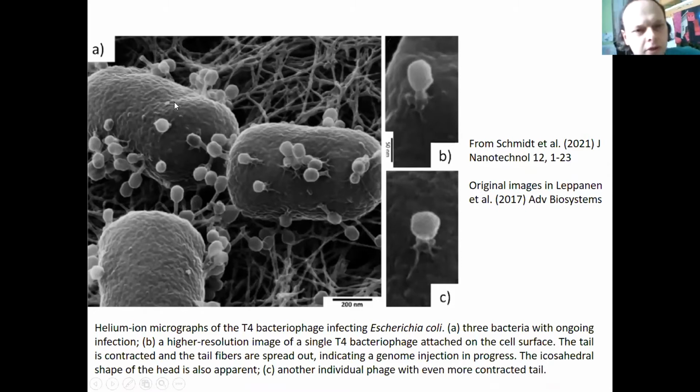As you can see, the bacteria are already infected by numerous viruses, all of them attached to the outer membrane of the bacterium cell through these tail fibers. All of them actually have tails, you see, and they simply inject their genetic material into the host cell.